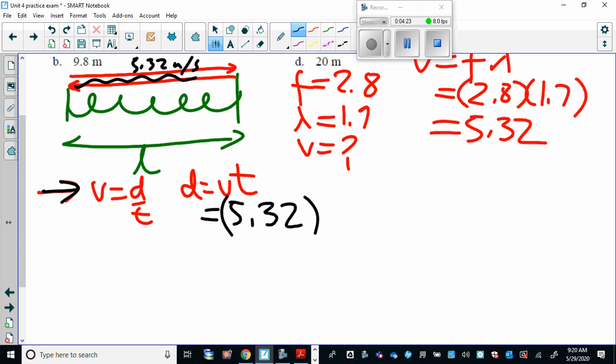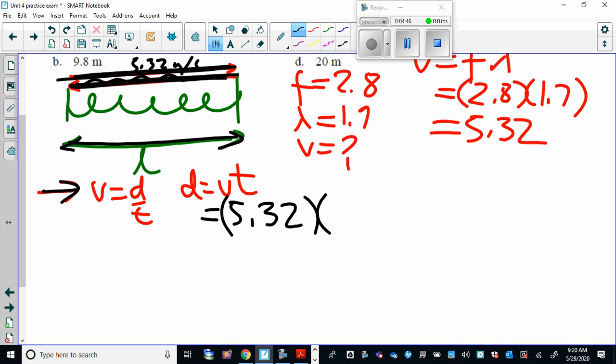The question is asking for the length of the spring. So all we want is this length, and it told us that it took 3.7 seconds to go there and back. So what am I going to use for the time? I'm not going to use 3.7 seconds because in that time it traveled 2 lengths of the spring.